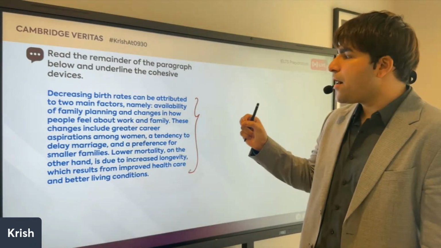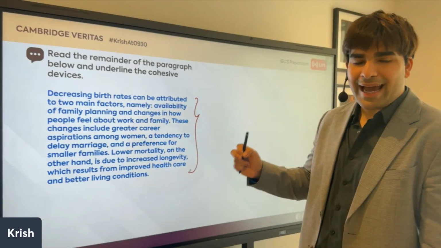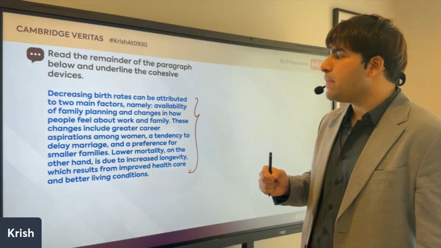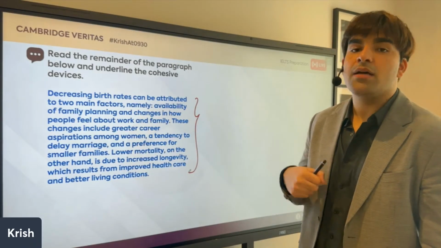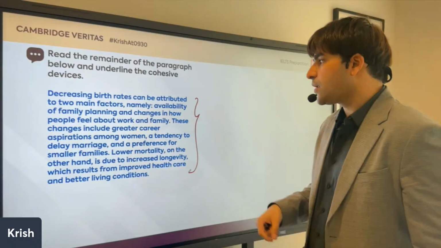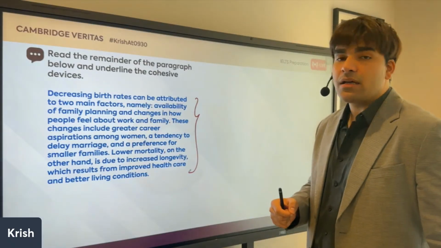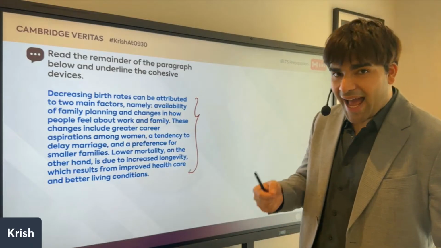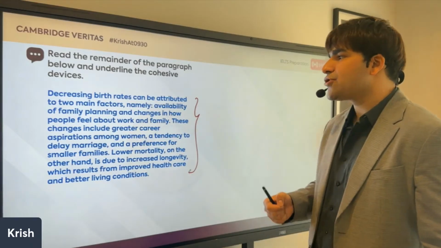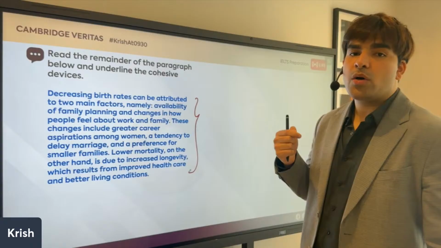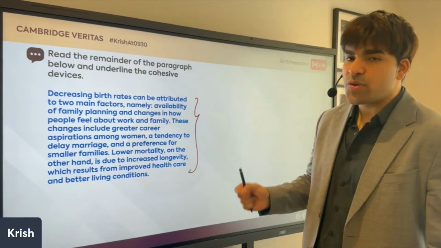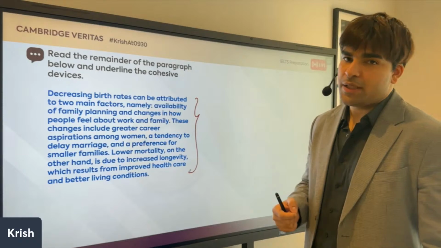Decreasing birth rates can be attributed to two main factors, namely availability of family planning and changes in how people feel about work and family.